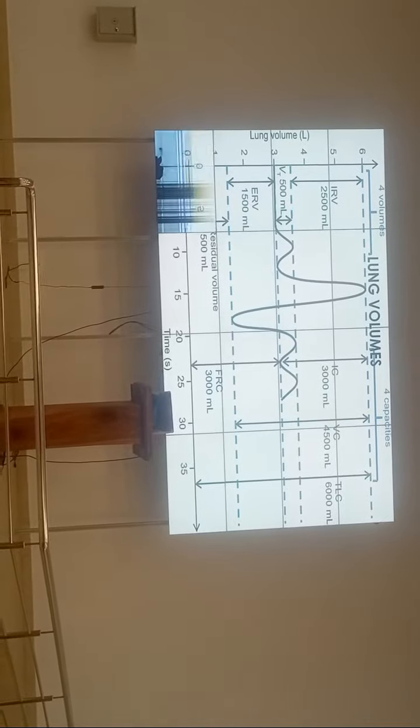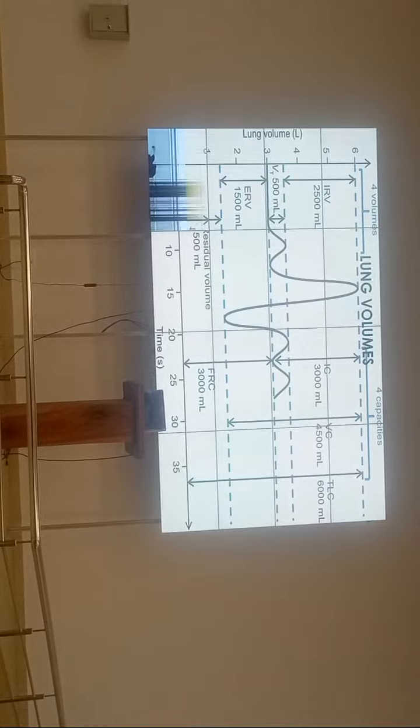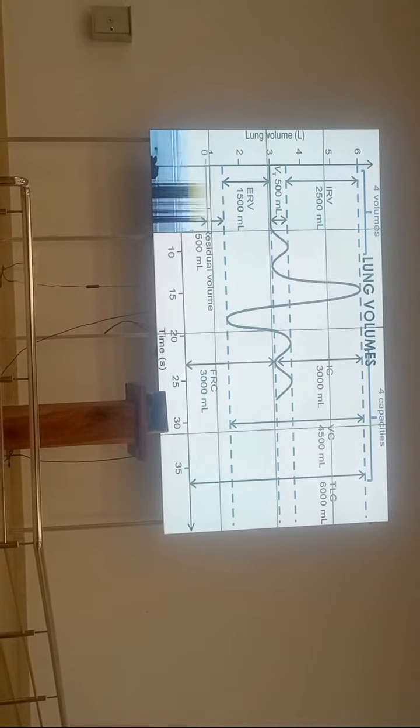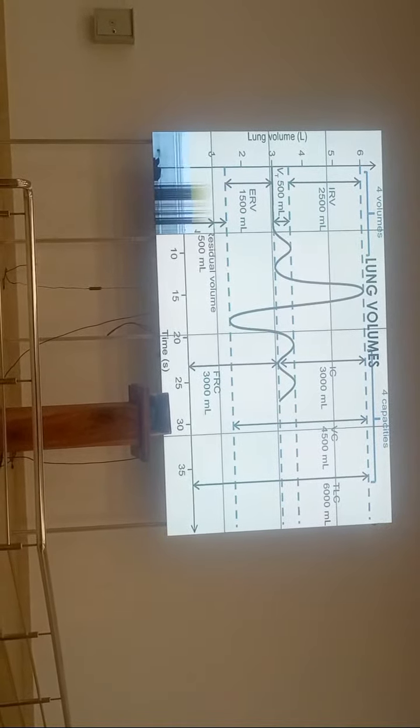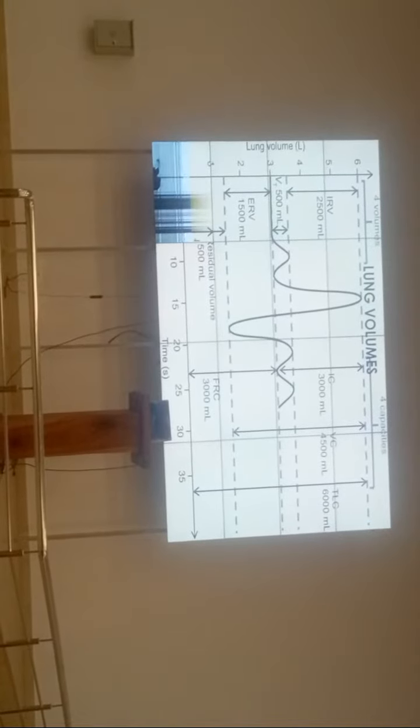And this is roughly 3,000 mils, which is 3 liters. And then, if you breathe out forcefully, the amount of air that you breathe out in excess of the normal 500, the extra air, is called the expiratory reserve volume.